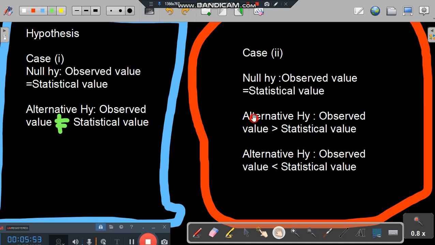So on the basis of the number of choices in the alternative hypothesis, when we compare these two cases, this one we call a one-tail test, where the alternative hypothesis has only one choice, whereas here there are two choices in the alternative hypothesis, and this we call a two-tail test.